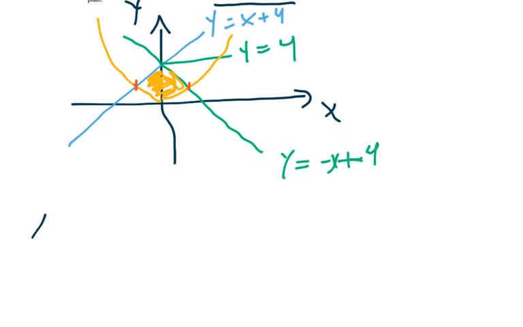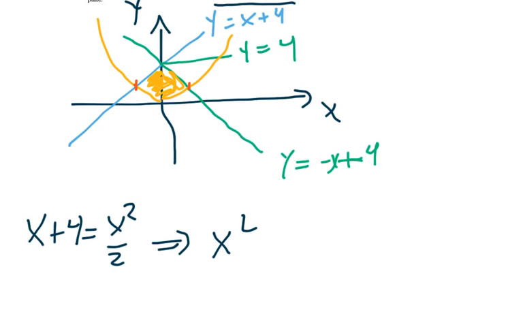We have x plus 4 is equal to x squared over 2, which implies that if we just multiply over the 2 and then subtract the left-hand side, x squared minus 2x minus 8 is equal to 0.